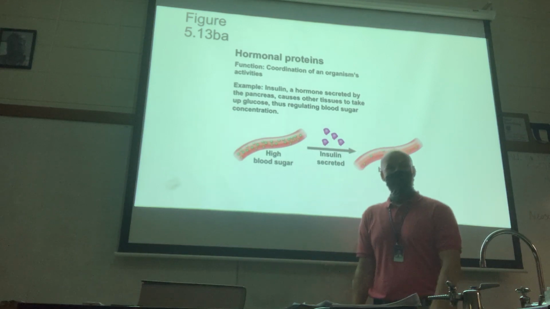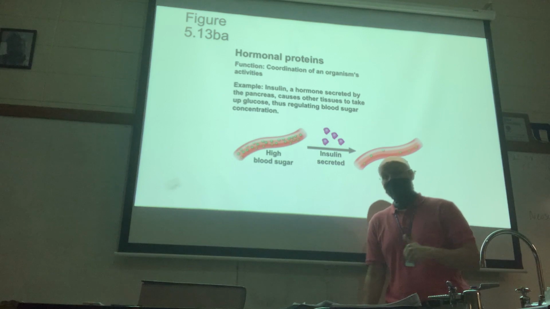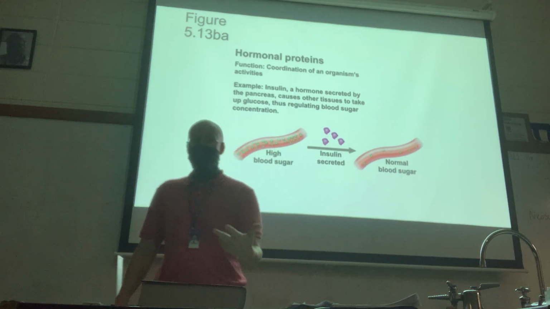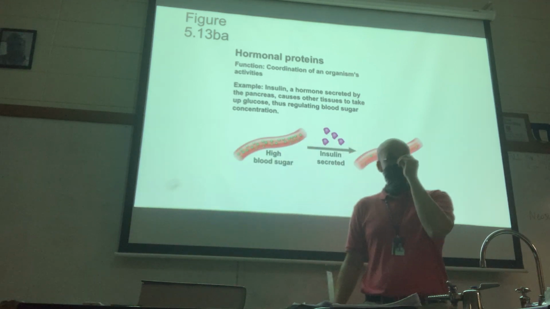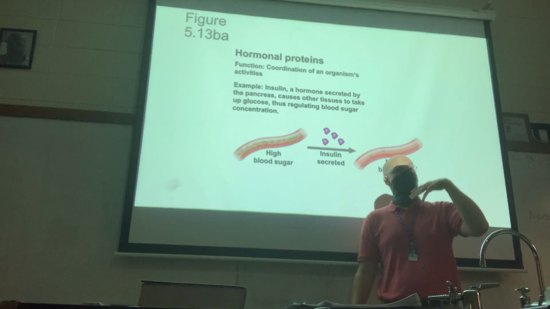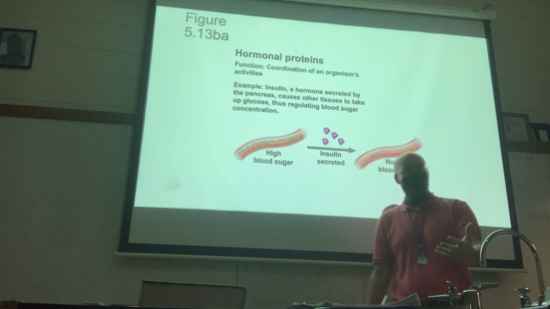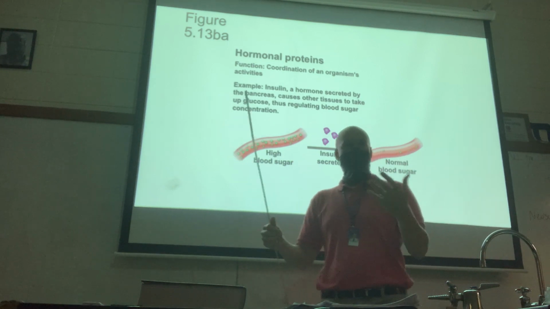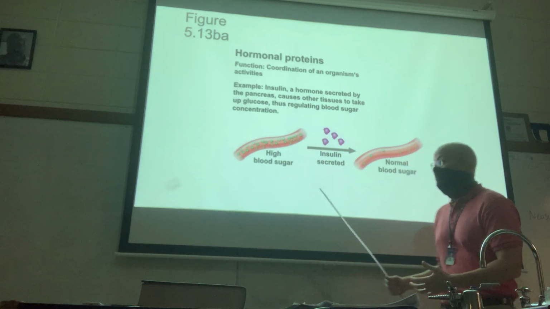Basically, insulin, which is a protein, it's not an enzyme, it's not storing anything, it's not helping transport anything directly. It's just a signal. And that's what hormones are. They are chemical signals that your body sends out in the bloodstream. They travel somewhere else and tell other parts of your body to do things.